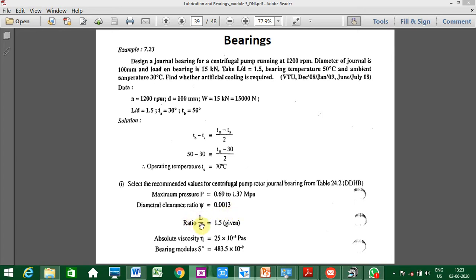Ratio L by D equal to 1.5, already given in the problem. Absolute viscosity eta equal to 25 into 10 raised to minus 3 pascal-seconds. Bearing modulus S is given as 483.5 into 10 raised to minus 9. So this is the data you get from table 24.2.